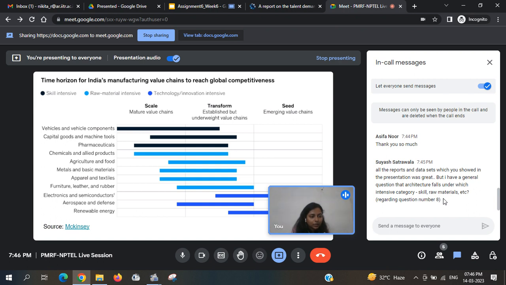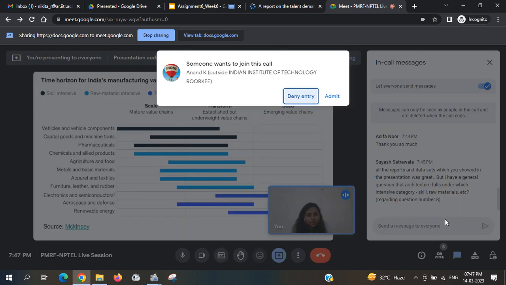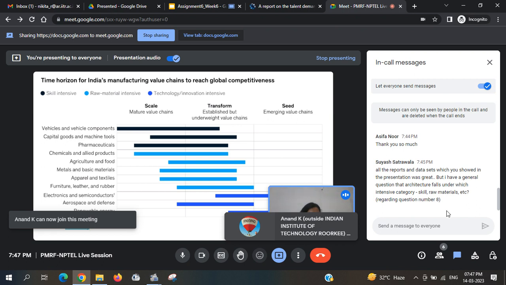So it is not an industry which is a part of the manufacturing sector. However, question 8 talks about the industries which are part of the manufacturing sector. Architecture is part of the service sector, which is the tertiary sector. I hope this is clear. Any other questions?